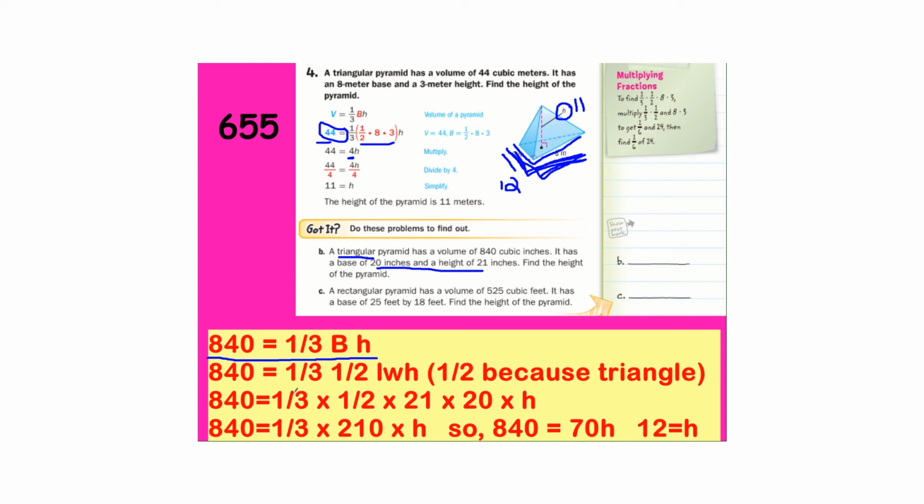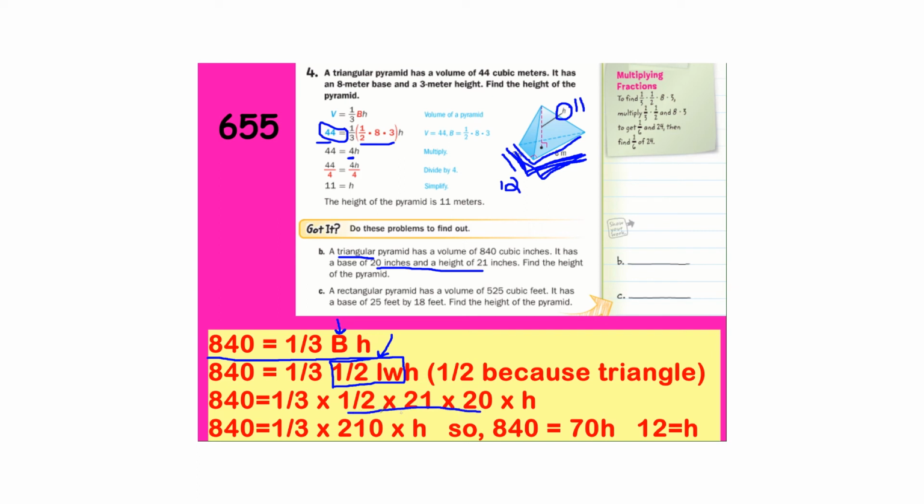So we have 1/3, and then I'm just going to substitute in for my area of the base the formula for a triangle. Half of the length times the width. This part here is just the formula for finding the area of the triangular base. Right here's the triangle part. Okay, so the triangle part is half of 21 times 20.